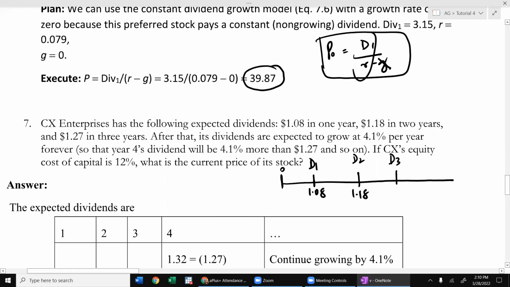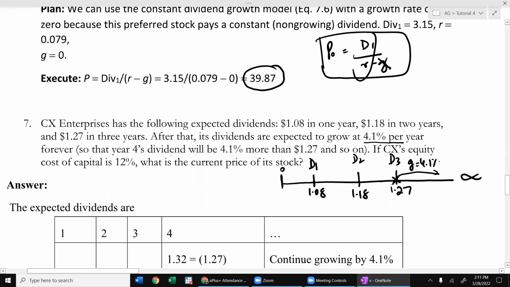Since a stock always has an infinite life, after this, its dividends are expected to grow at 4.1% per year. So from here the growth rate is 4.1% forever.